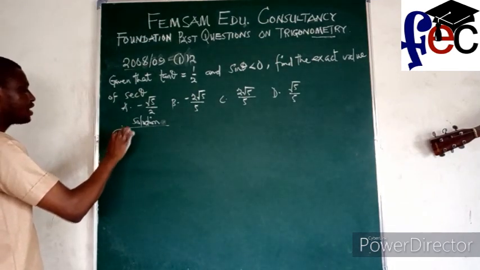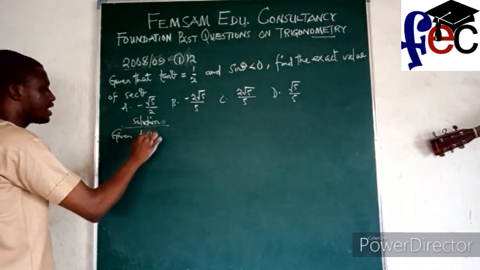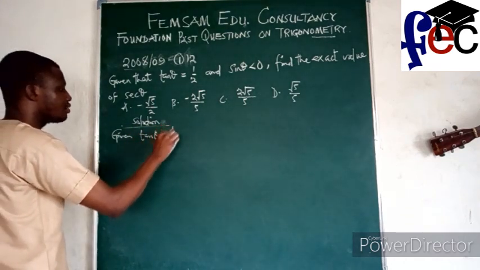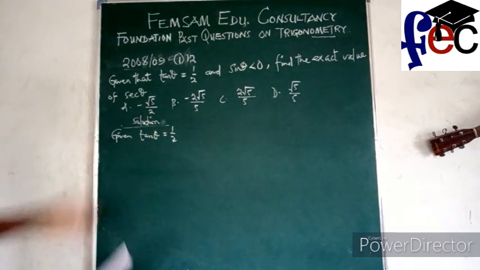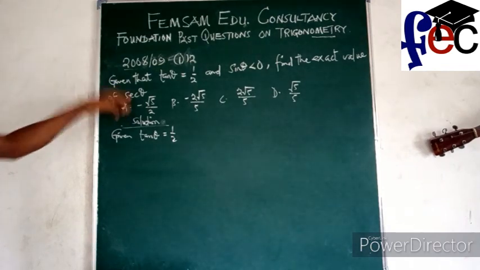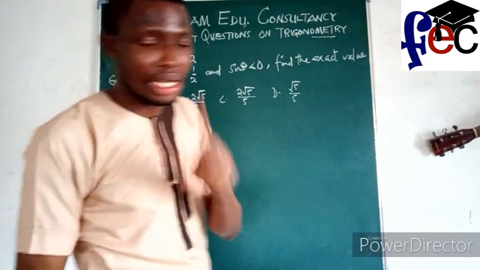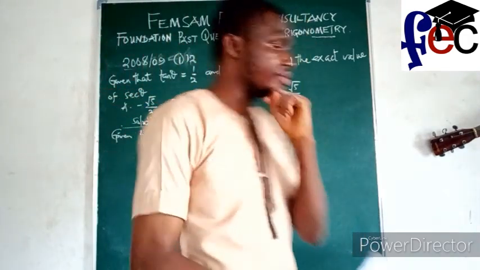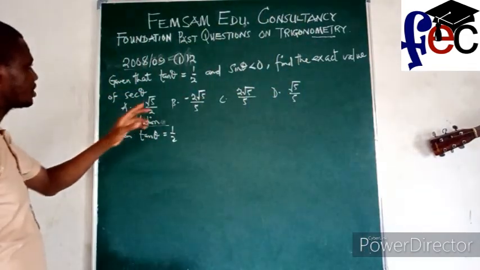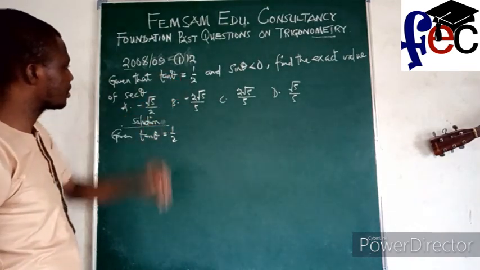We have been given that tan theta is equal to 1 over 2. Our duty is to find sec theta, and sec theta is the inverse of cos theta. That means I can get that from here.